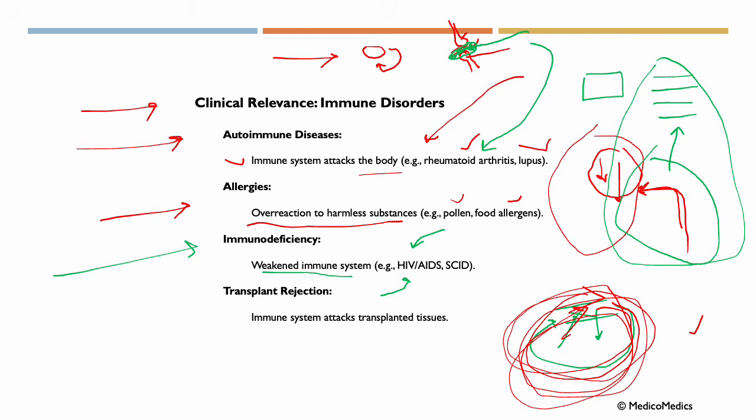Now, in HIV, the virus slowly destroys these T cells. So they become less and less and less. And as that happens, our overall immune system goes down and we become immunodeficient.